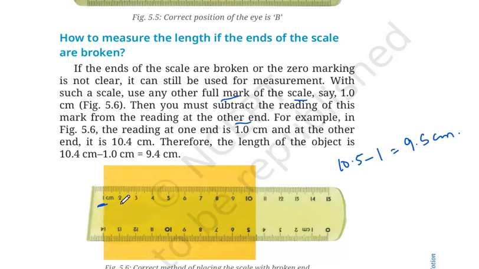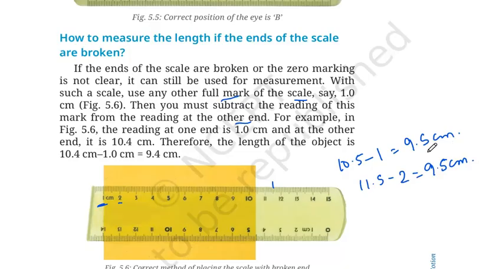Similarly, if you start the measurement from 2, your reading might come at 11.5. So we do 11.5 minus 2. Why minus 2? Because we are starting from the number 2. Then we get the reading as 9.5 centimeter.